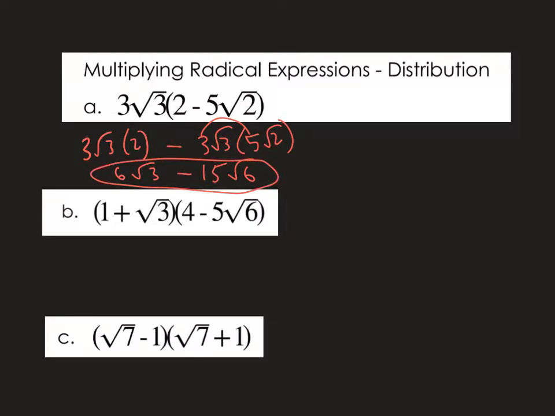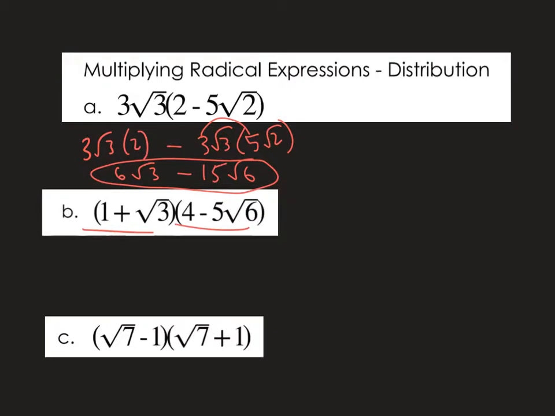Not a big deal. Okay, now we have a binomial times a binomial. So you know this is FOIL, or you could just look at it as the 1 times the 4 and the 1 times the negative 5 rad 6. And the rad 3 times the 4 and the rad 3 times the negative 5 rad 6. FOIL is just a very particular way of saying distributing 2 different values to 2 different values, or binomial times a binomial.